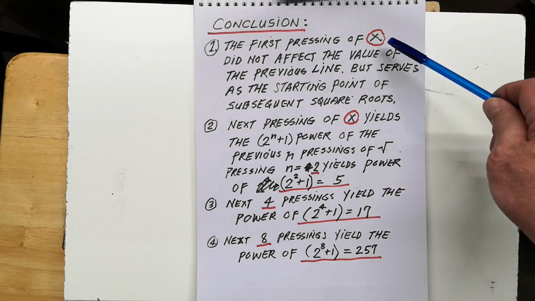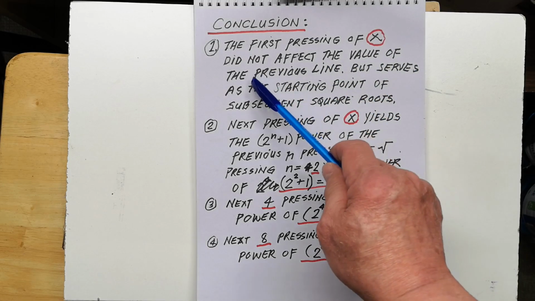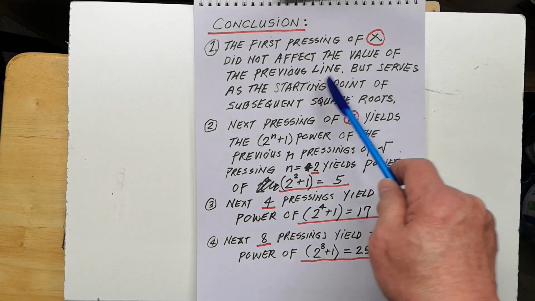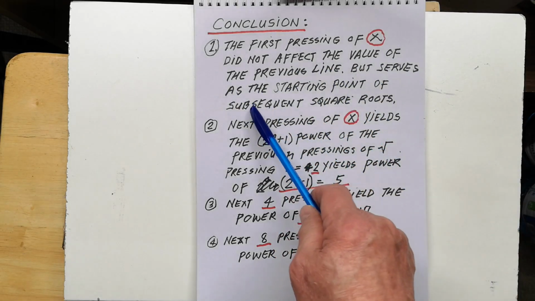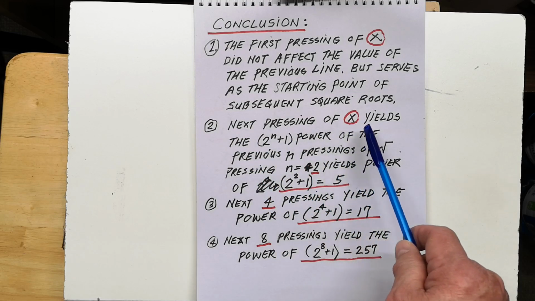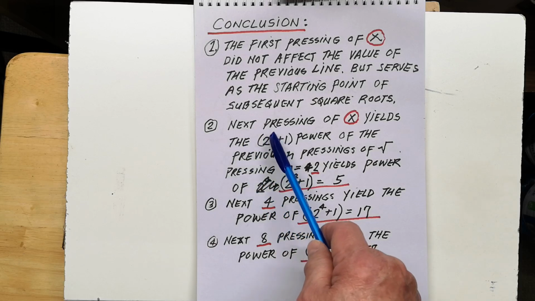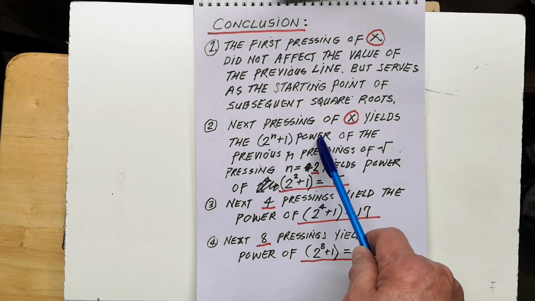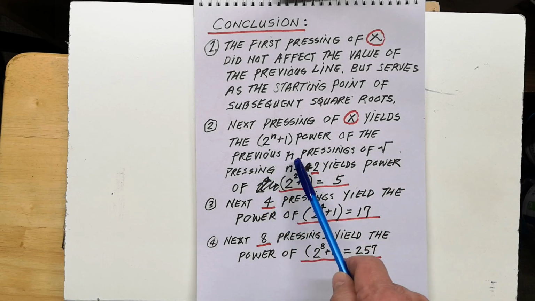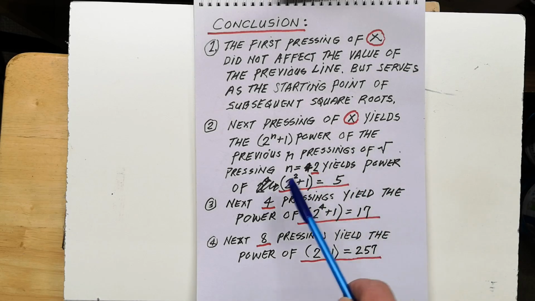The first pressing of the multiply sign did not affect the value of the previous line, but serves as the starting point for the subsequent square roots. Next pressing of x yields 2 raised to the n plus 1 power of the previous n pressings of the square root key.